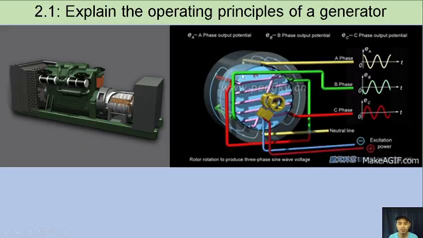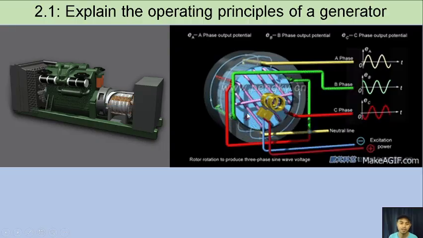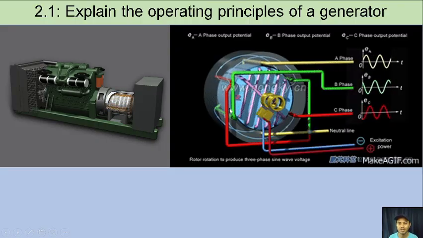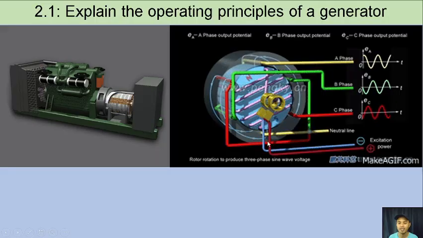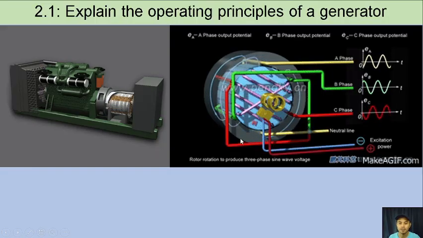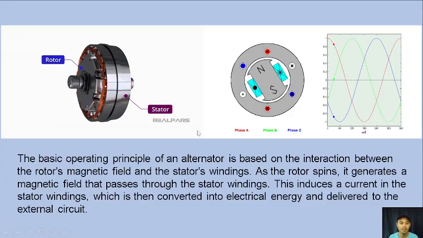There is a cutting of flux of the magnet, and this cutting of flux will generate electricity in these windings. Okay, so that's how it works.